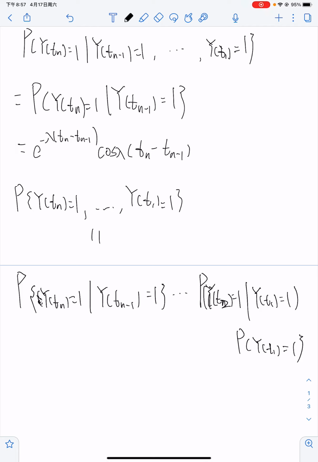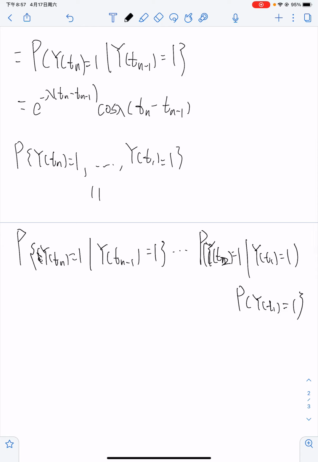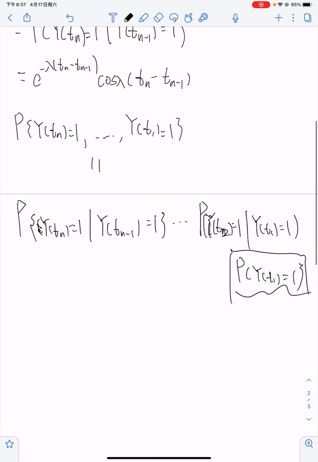So here we can see this is a random process. At the beginning, we don't know whether we start from 1 or -1, so the probability should be a half.